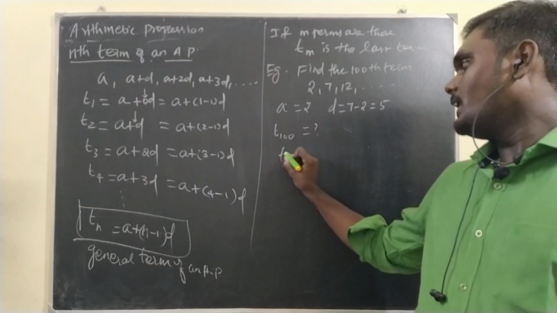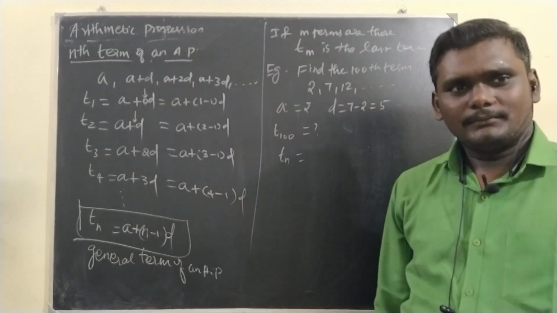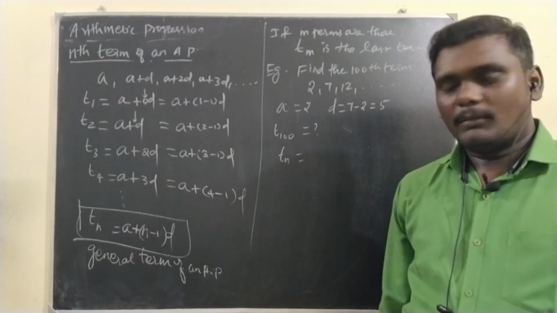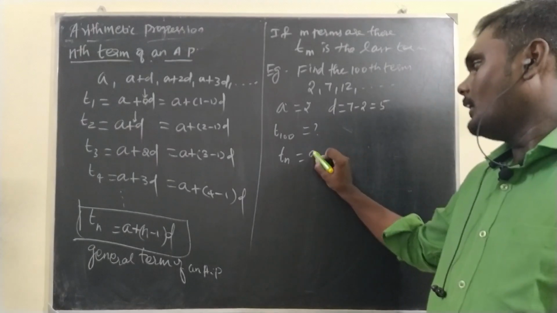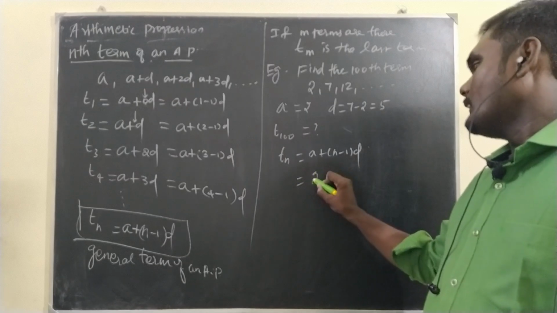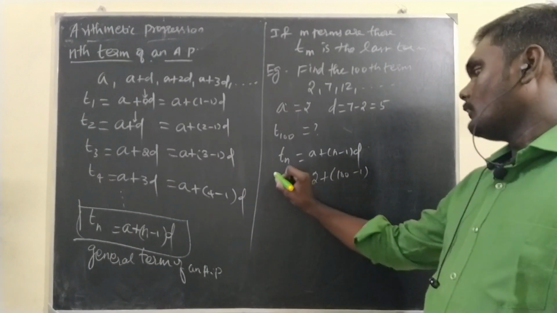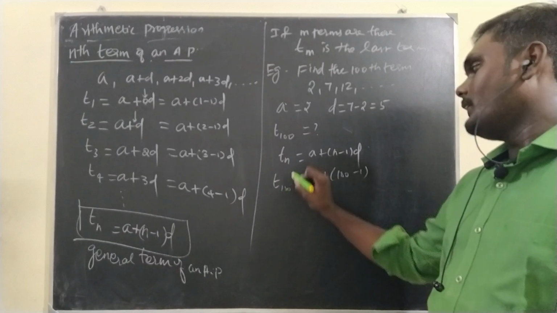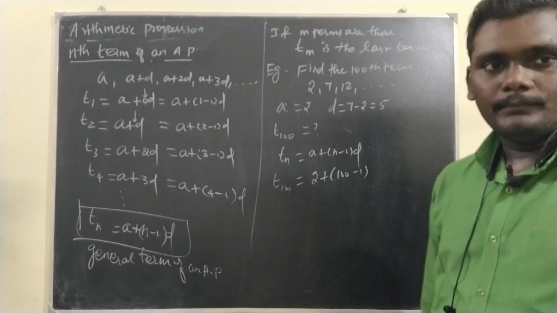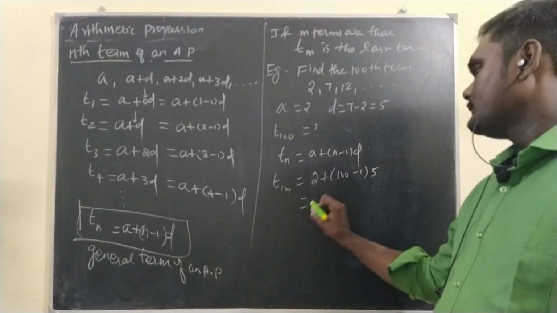We know Tn, right? Or shall we continue this up to 100? It takes much time. So the formula is A plus n minus 1 into D. A is 2 plus, sorry, T100, in place of n we have to substitute 100, minus 1, into D. What is our D? 5.